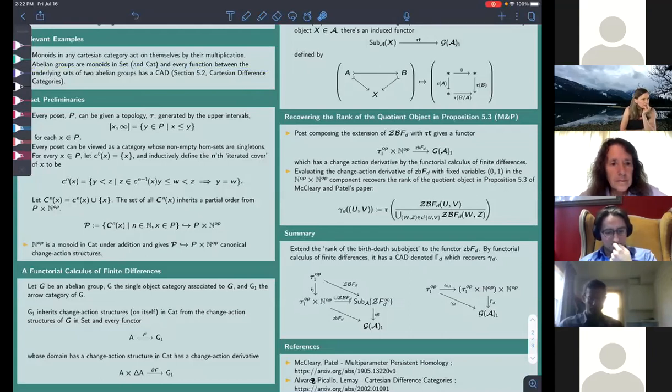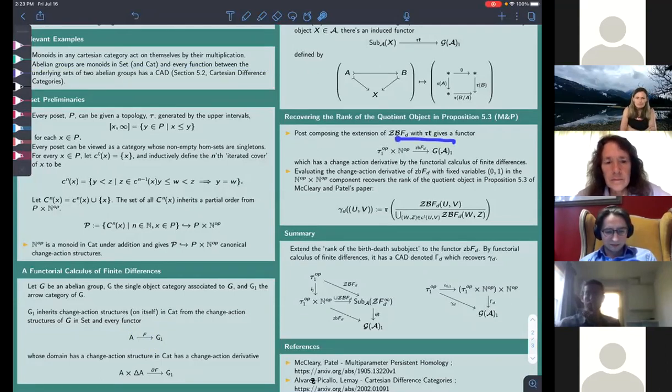And this induces a functorial version, where if you have a functor f from some category with a change action derivative to the arrow category of an abelian group, then it has a change action derivative. And there's actually a specific way that it's defined, which I haven't written here because it's a little bit long.